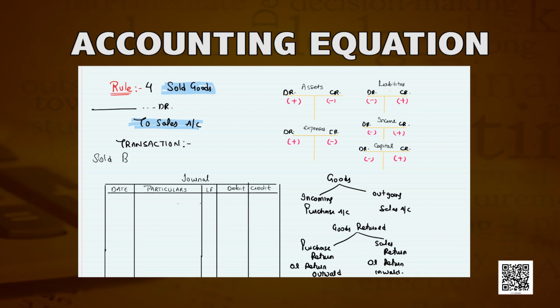Sold building. Let's say 10 lakh. See, here is a difference. It doesn't go with the rule. Why? Because the rule says the words should be sold goods. But here I have mentioned sold building.